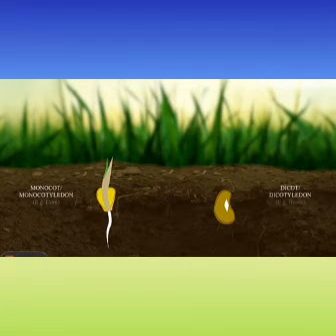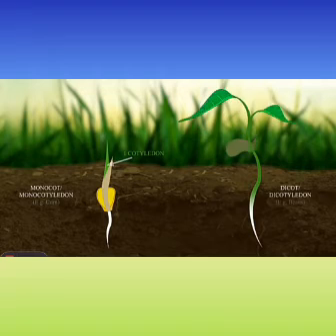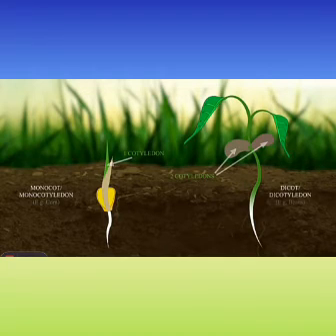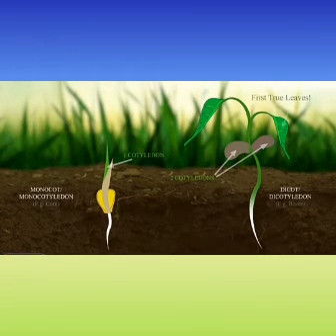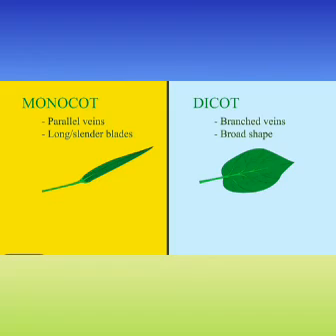Monocotyledon means it has only one cotyledon. Dicotyledon means it has two cotyledons. See this picture, you can identify them very clearly. Mono means one and di means two cotyledons.